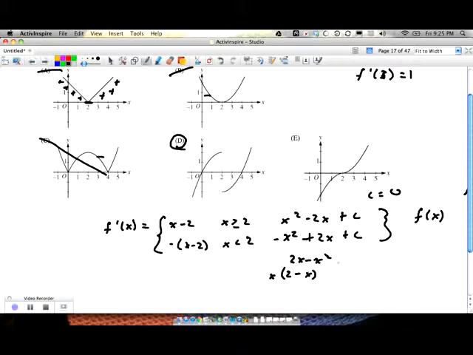And for the top one, this is going to be x times x minus 2. So they both have plus c. I'm still inclined to say D. My intuition's telling me that, so let's go ahead and stick with that and move on. It could be E, but it's definitely one of those two.